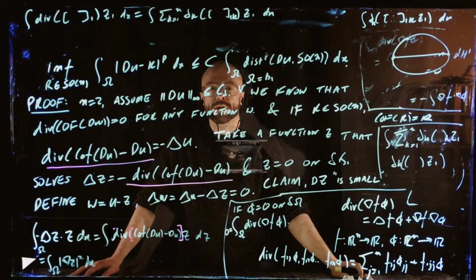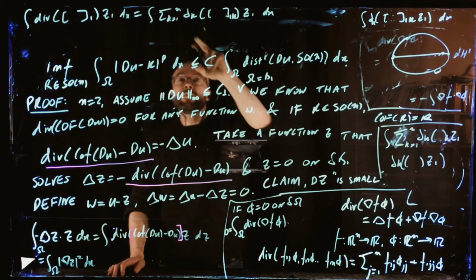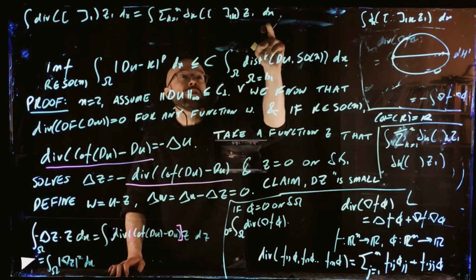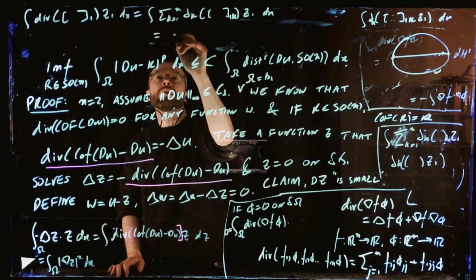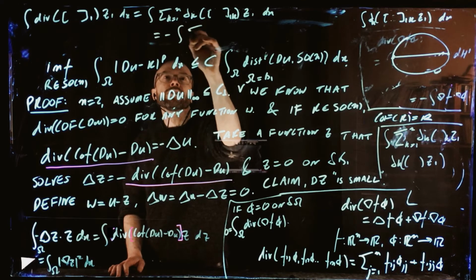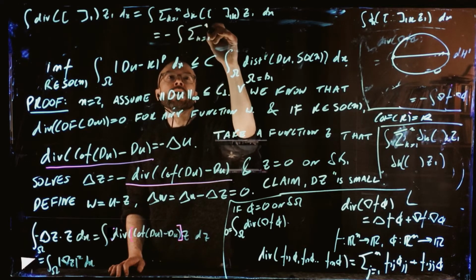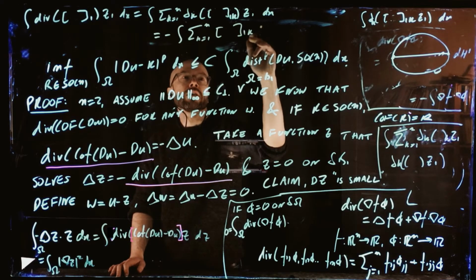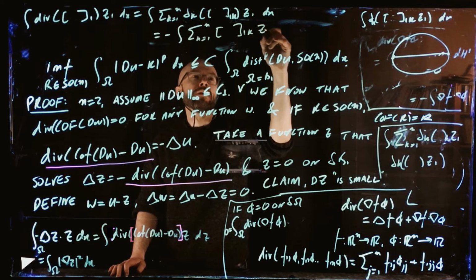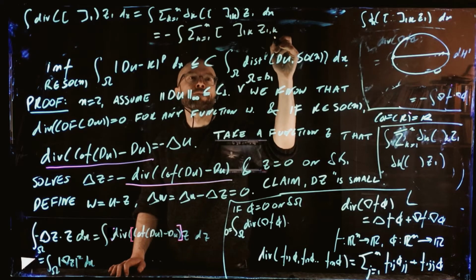Is everybody with me? The moral is, from this line, we can put the partial on the other thing with a minus sign. So then we're going to have minus the integral of the sum from k equals 1 up to n of the first row, kth entry, and then z1, comma k.